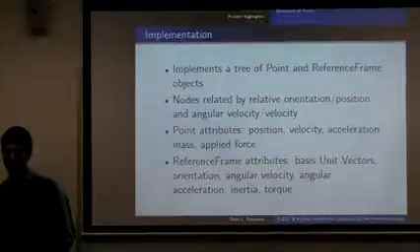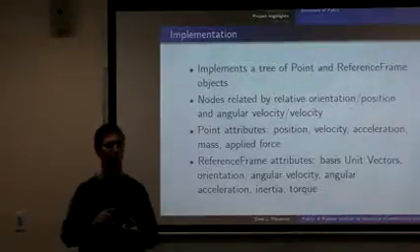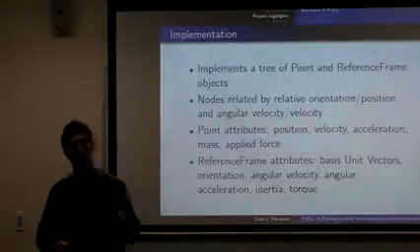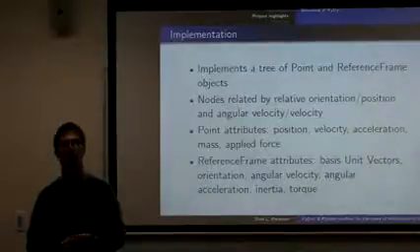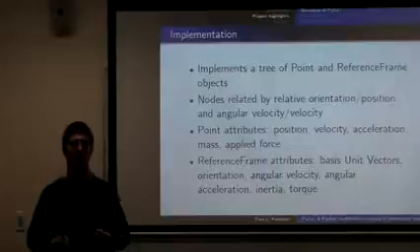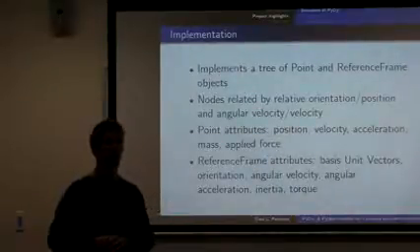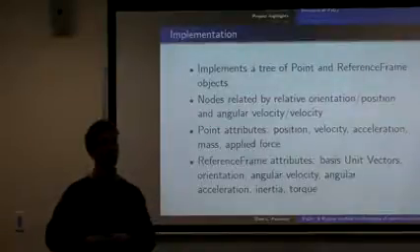So each of these nodes in this tree, either points or reference frames, have various attributes: position, velocity, acceleration. The way particles are represented is by assigning a mass to a point. You may have a point which has no mass, and that may just be a point for convenience of orienting or locating other points relative to it.